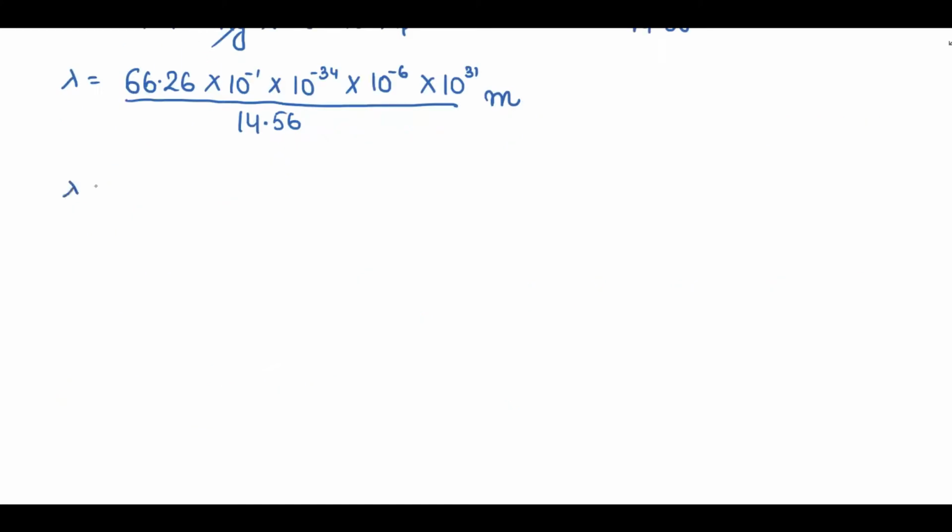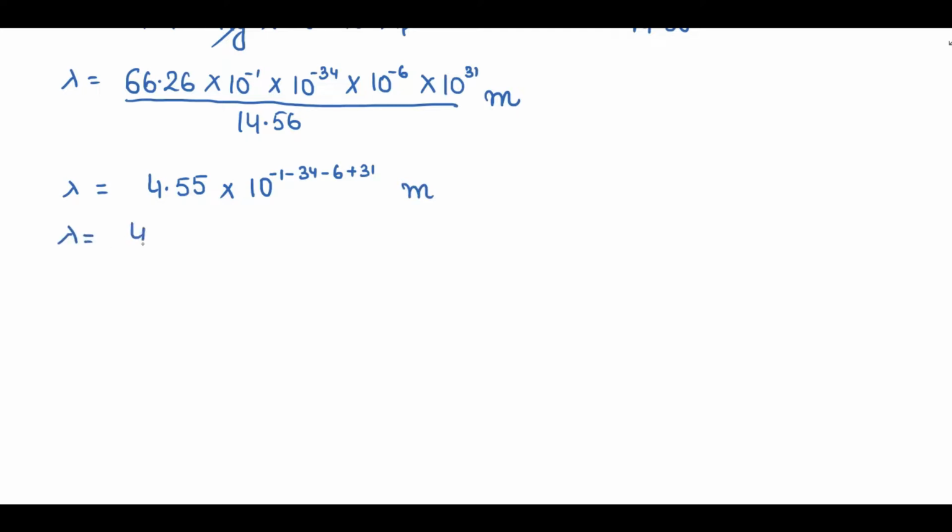When you divide 66.26 with 14.56, your answer will be 4.55 into. These powers are in multiplication, so you can simply add them: 10 raised to power minus 1 minus 34 minus 6 plus 31, right? Unit I am having is meter.